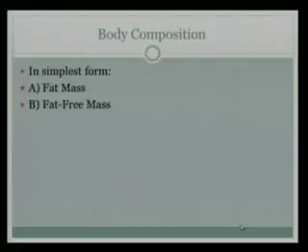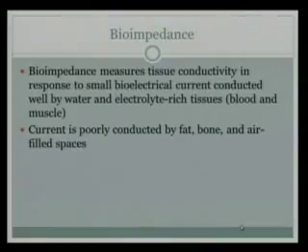The last strategy that I'm going to spend a little more time on is bioimpedance spectroscopy. The body in its simplest form can be broken down into fat mass and fat-free mass. Using this knowledge, bioimpedance uses a small electrical current sent through the body to estimate how much fluid is in the extracellular space and in the total body water.